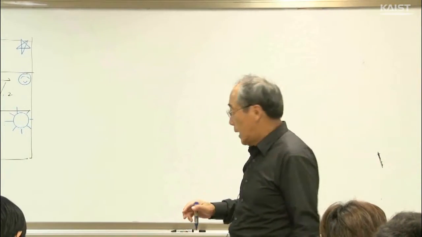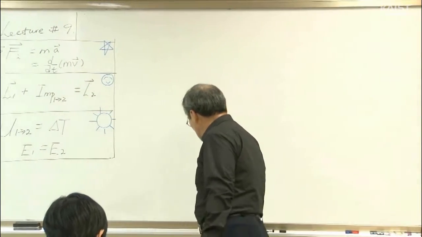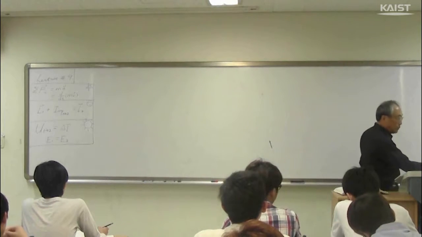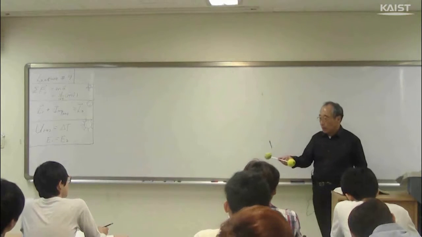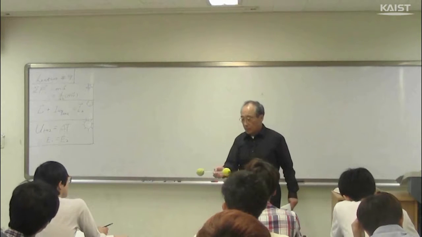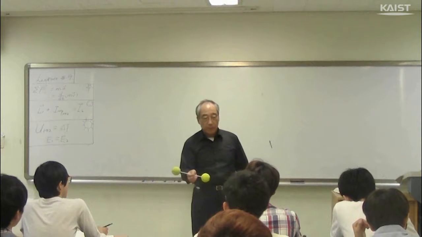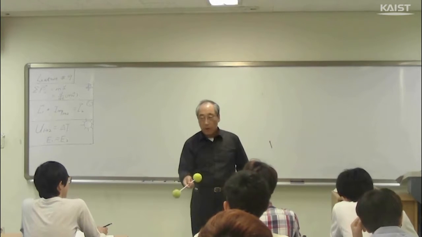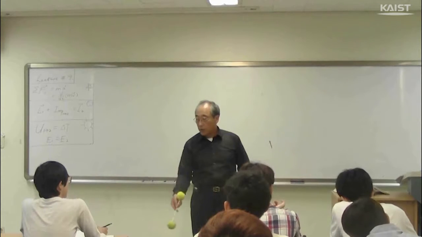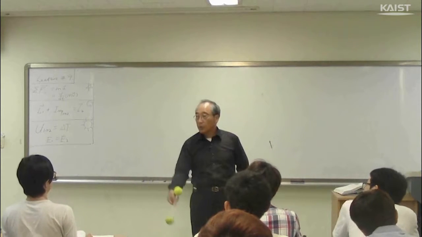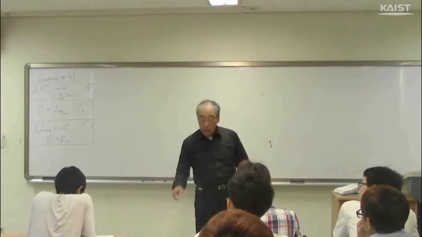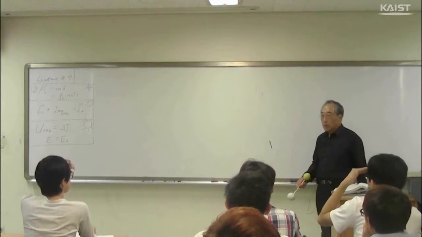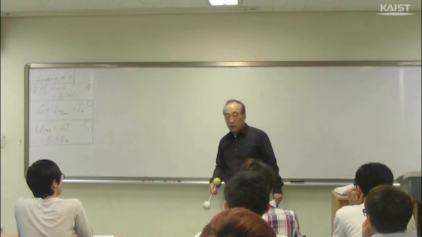Okay. Now, I have two masses which have the same shape as well as the volume, and if I throw this to you, you observe that there is some rotation as well as translation.